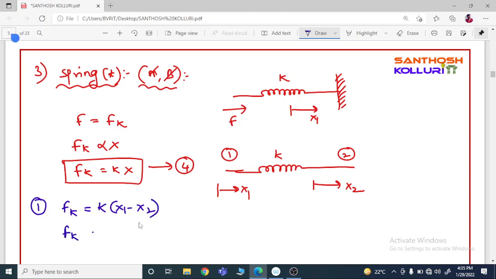With respect to node 2, it is K into (x2 minus x1). So these are the properties of the mathematical methods in mechanical translational systems.